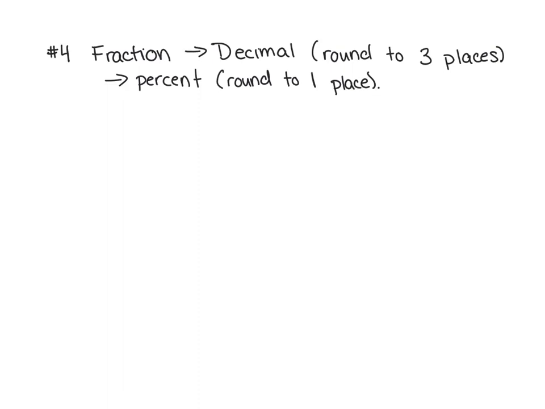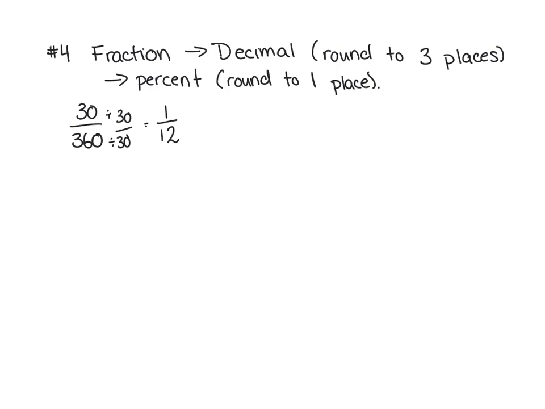So for example, we could look at 30 out of 360. Okay, now if we were to simplify this, we could divide them both by 30. So 30 divided by 30 is 1. 360 divided by 30 is 12.